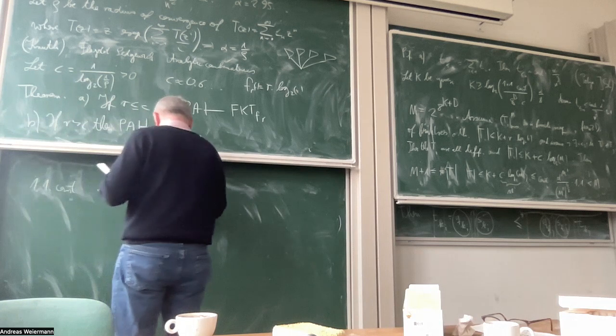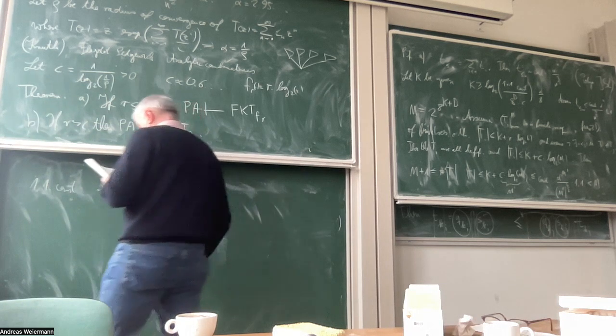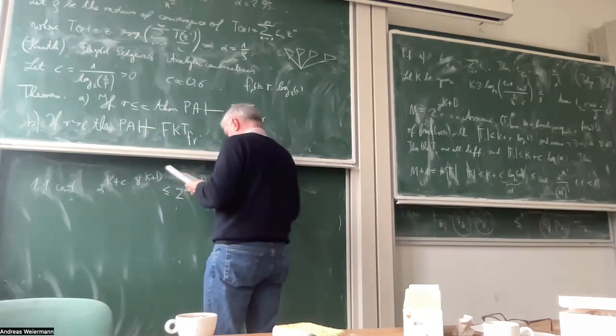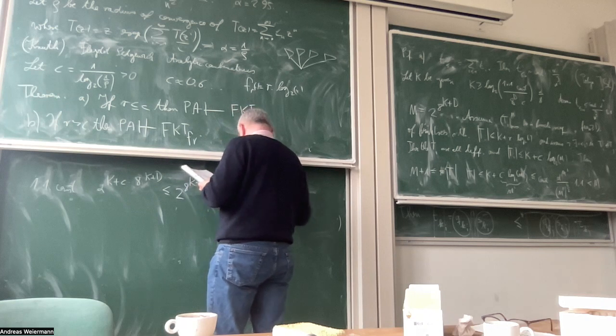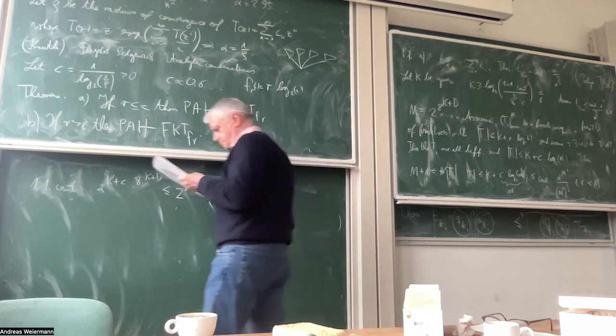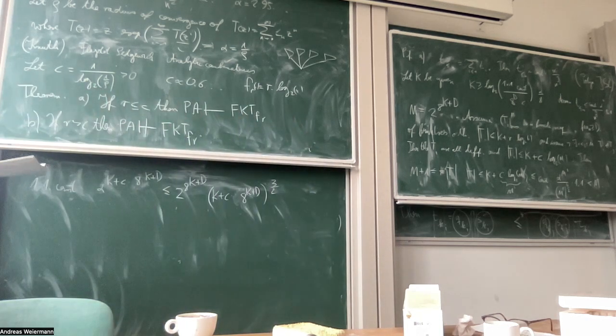And here I have 2 to the 8k plus d. And I multiply with k plus c times binary log of n, then what disappears is 8 to the k plus 2, to the 3 over 2.